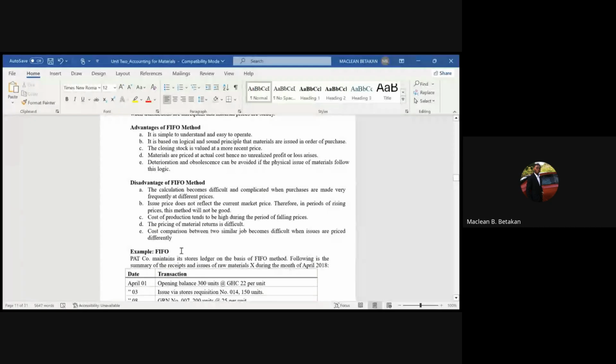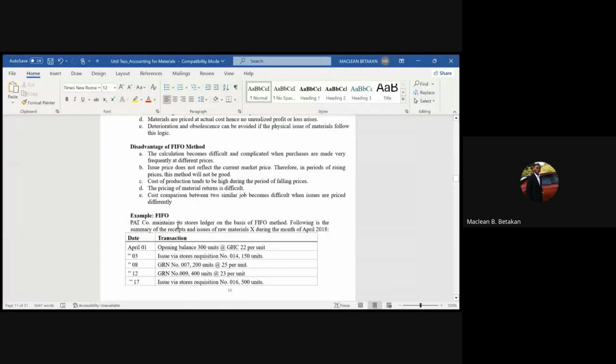Now the final one is that cost comparison between similar jobs becomes difficult when issues are priced differently. Yes. So in accounting, we have what we call ratio analysis.